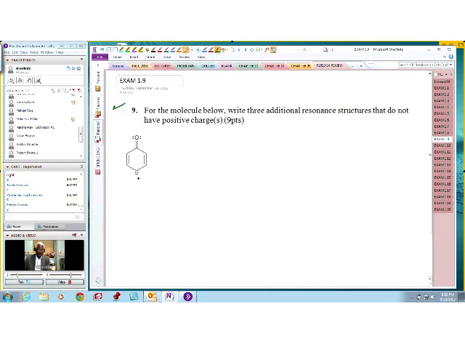So what do we need to do here? We already know that this molecule that we have here is negatively charged. So in essence, this question is telling you, whatever resonance structure you draw here, you cannot have positive charge, but you could, of course, have negative charge.